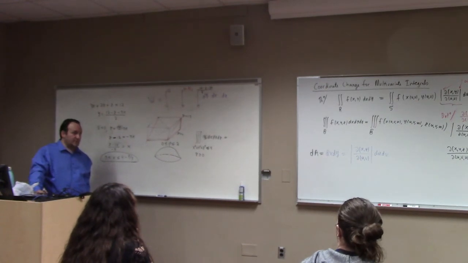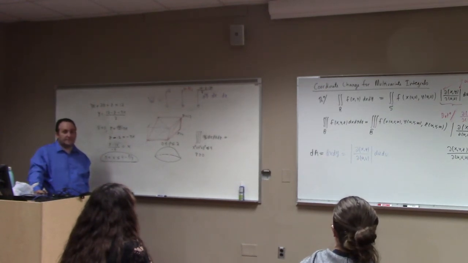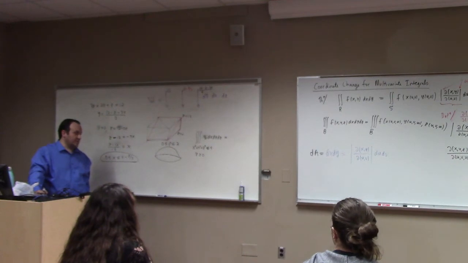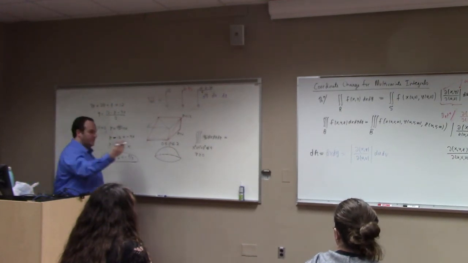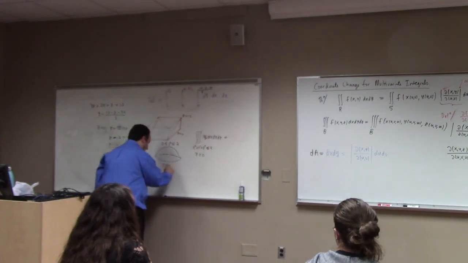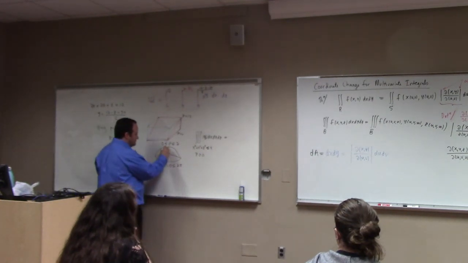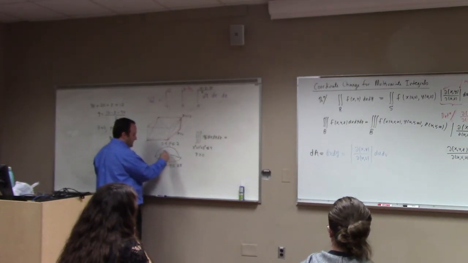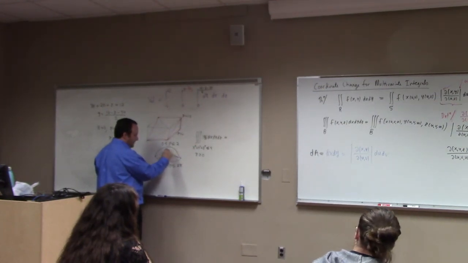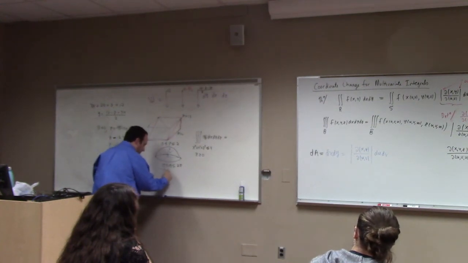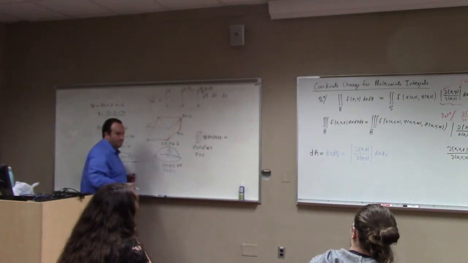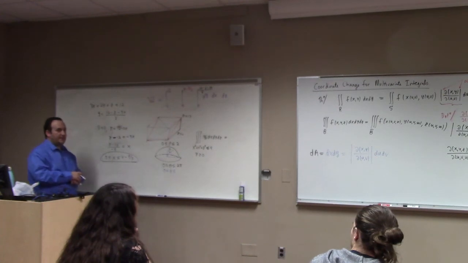So in terms of spherical coordinates, the bounds here are really nice. I just go 0 less than rho less than 2. How about theta? So theta goes all the way around, right? So we get full sweep for theta. How about phi, though? What about the colatitude, as we call it? This is phi, right? 0 up at the North Pole, less than phi, less than or equal to what? Not pi.